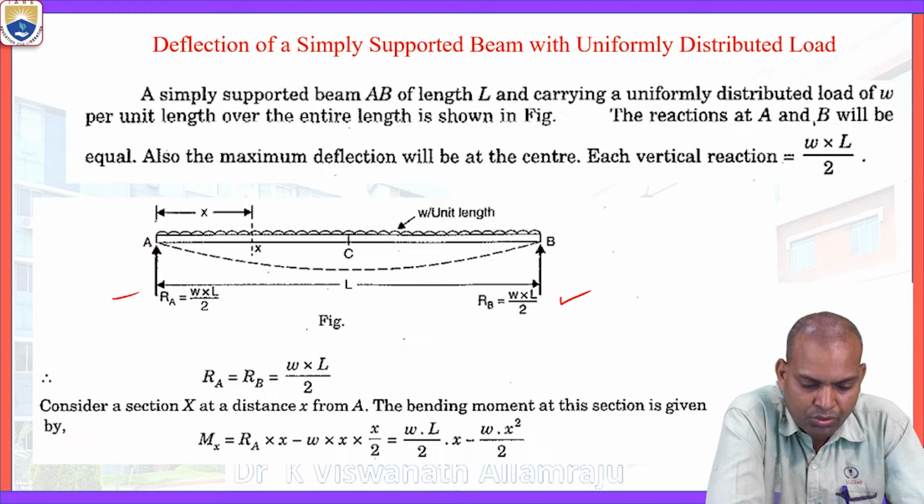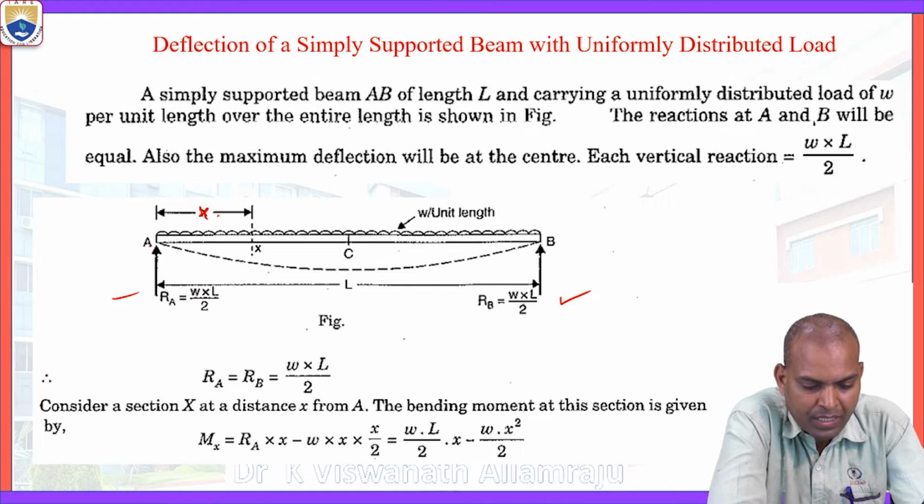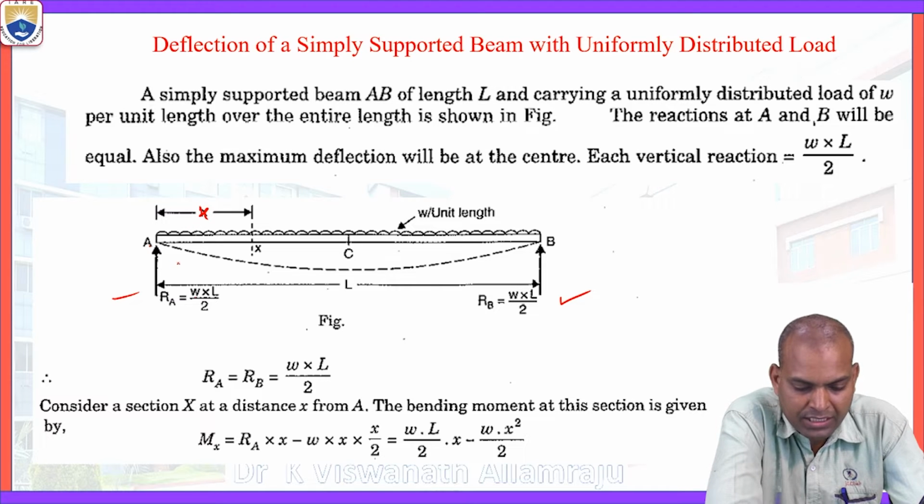So we use a section at a distance small x from A. Now the bending moment at the section x is Mx equal to the positive sagging bending moment, RA times x, minus the UDL, w into x times x by 2, in the negative direction.